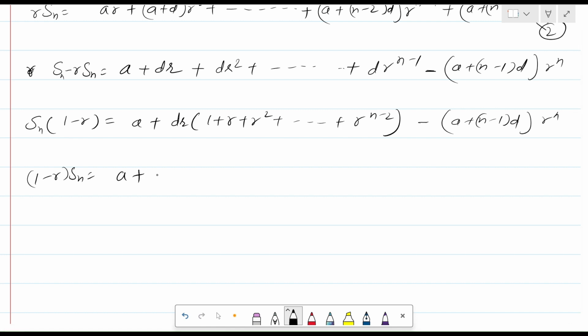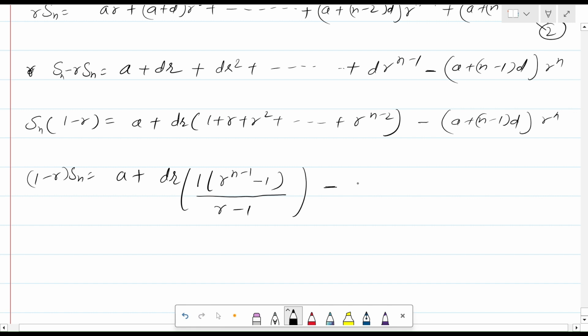So the sum of this GP will be 1 into how many terms in this? n minus 1. So it will be r to the n minus 1 minus 1 upon r minus 1, minus a plus n minus 1 d r to the n.